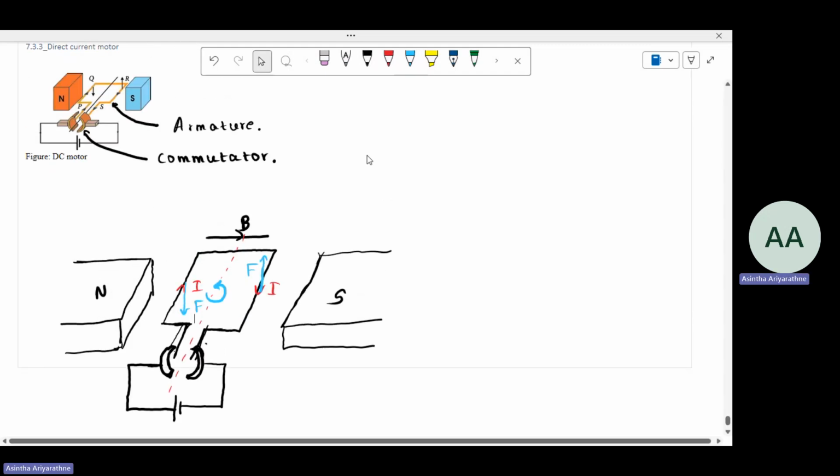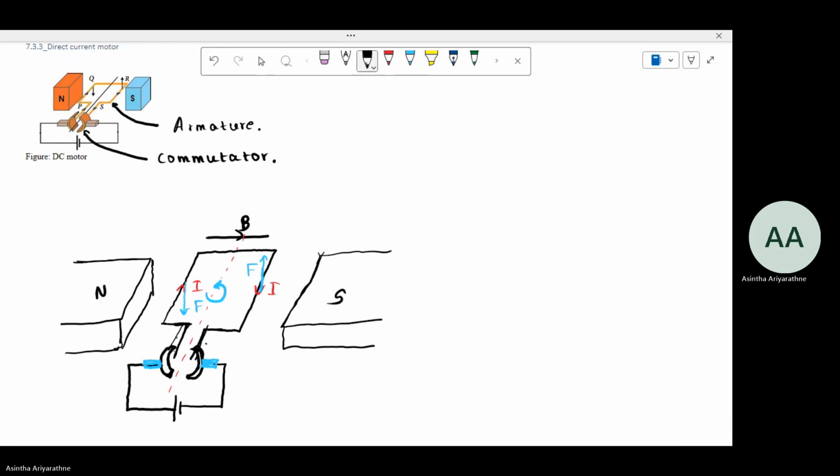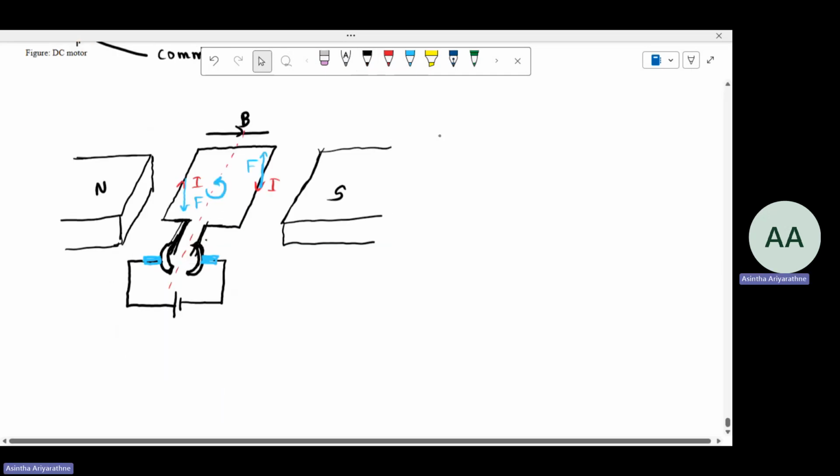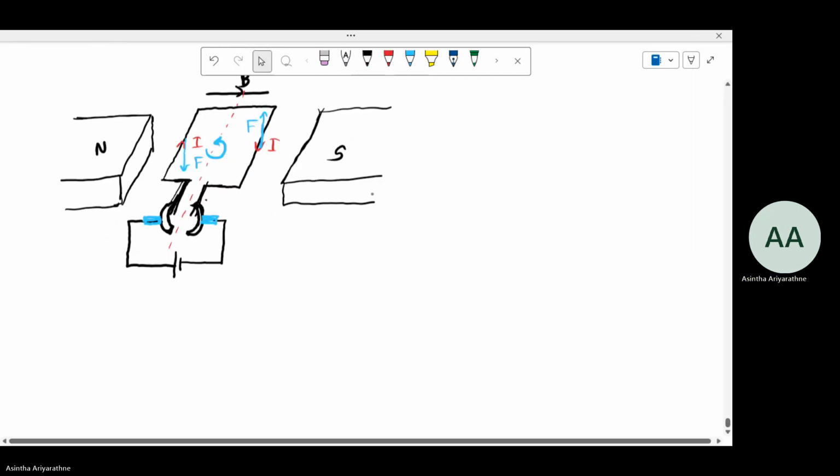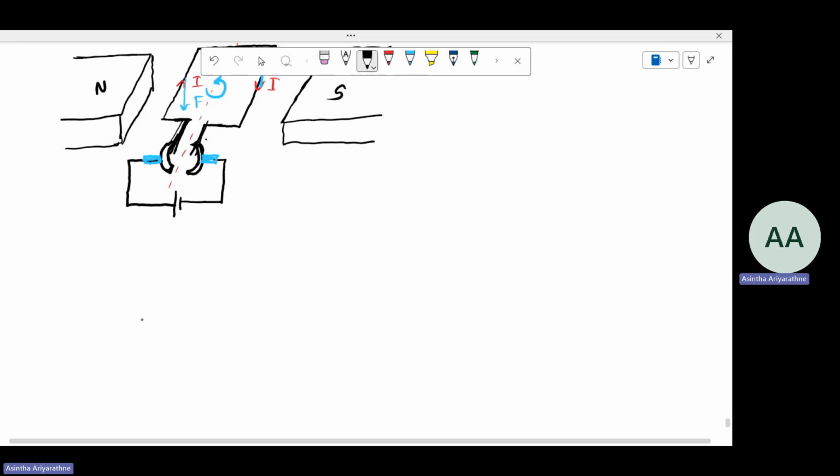What is the purpose of this commutator? This commutator also rotates with the loop.